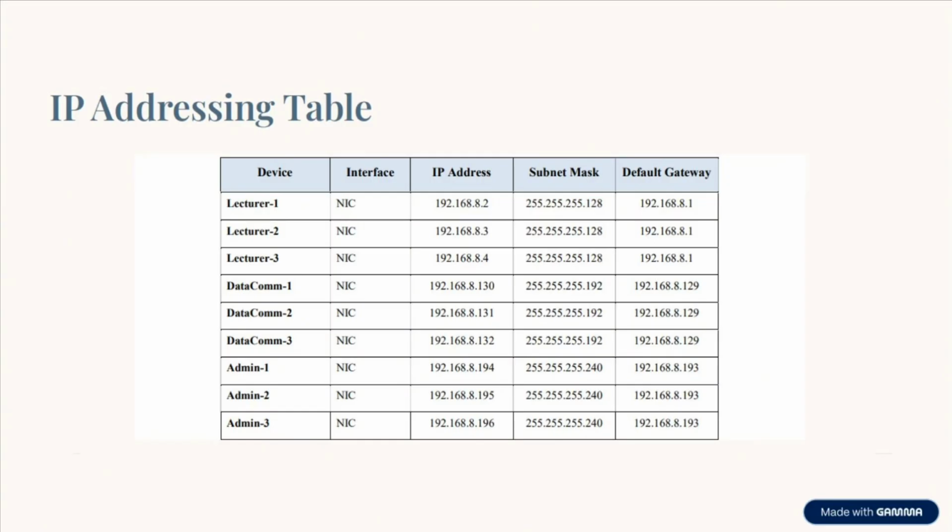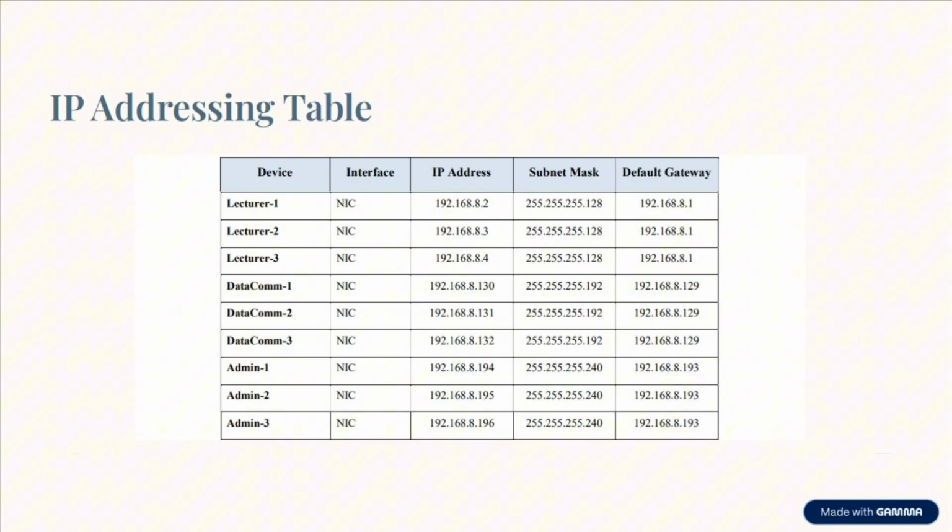Each PC is assigned a unique IP address to ensure proper communication and to avoid IP address conflicts. For the lecturer PCs, the IP addresses range from 192.168.8.2 to 192.168.8.4 using the default gateway 192.168.8.1.